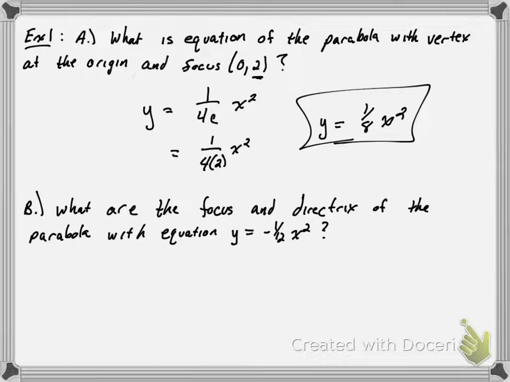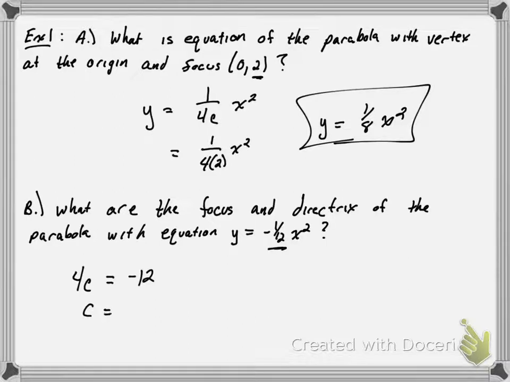Pretty simple. Part b wants to know the focus and the directrix. Now the directrix is the line, either horizontal or vertical, underneath the base of the parabola, and that's going to help us here. Now, we have negative 1/12. So again, remember, it's 1 over 4c. So 4c is going to equal negative 12, because that 12 is on the bottom there.